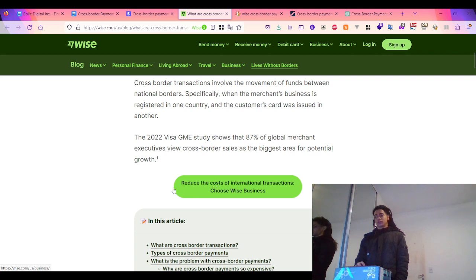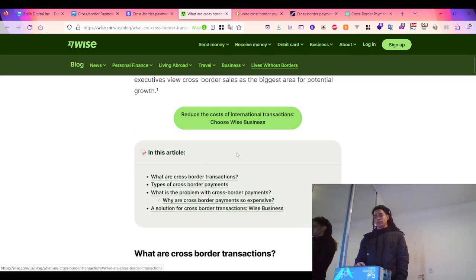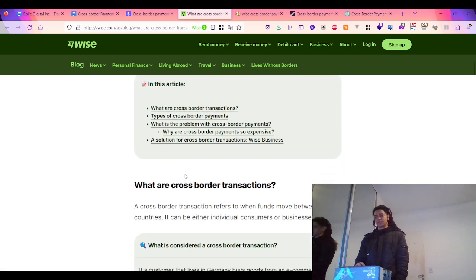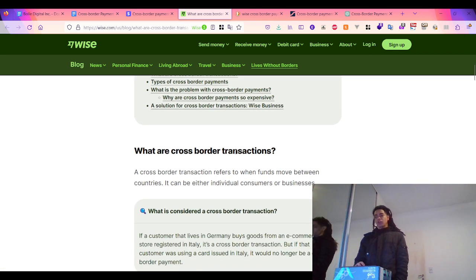Reduce the cost of international transactions. Why business? What are cross-border transactions? Types of cross-border payments. What is the problem with cross-border payments? And why are cross-border payments so expensive? A solution for cross-border transactions.